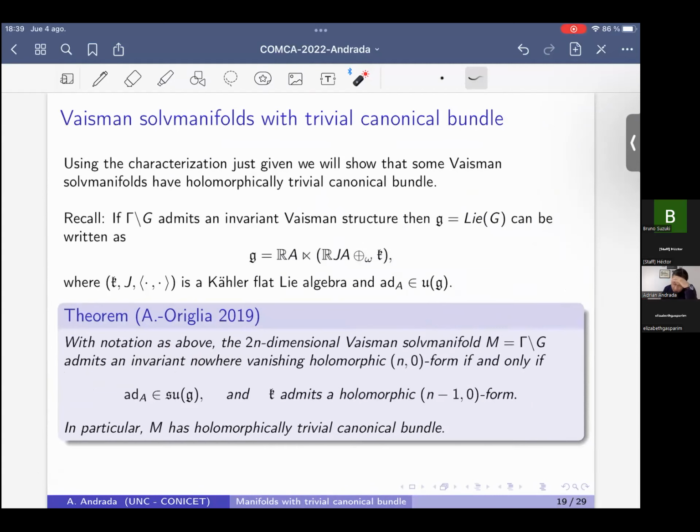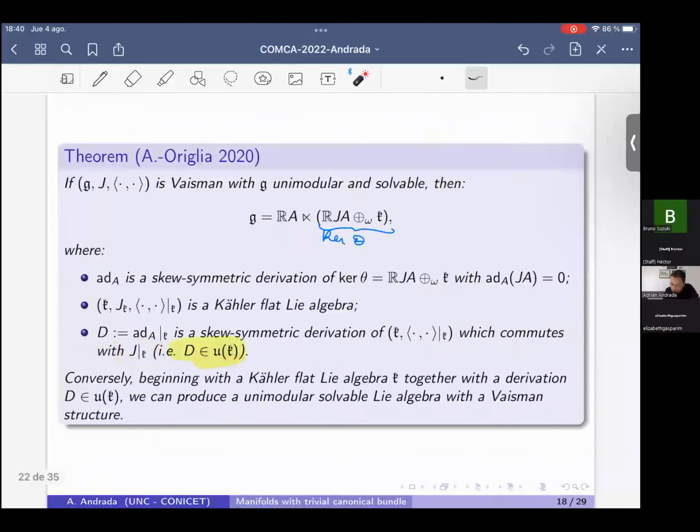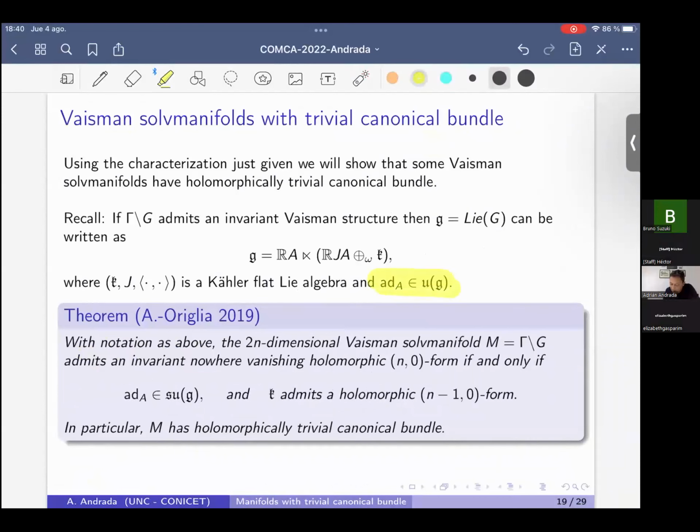We can use this characterization to show that some of these Vaisman manifolds have holomorphically trivial canonical bundle. Remember, g can be written as this, quite specific. It's a central extension of a Kähler flat Lie algebra, and then we perform a semi-direct product where this one is the dual of the Lee form. And if we recall, this D was in u(k), but in fact, we have that ad A lives in the unitary group of the whole Lie algebra.